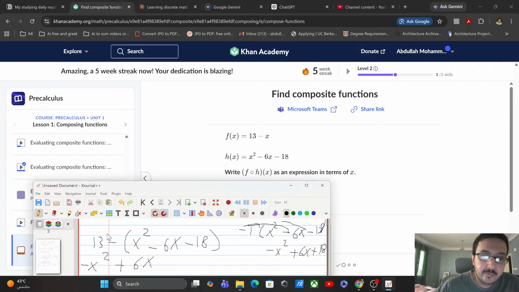And then do this one. So this is 13 plus 18. That's 28. 31 plus 31.